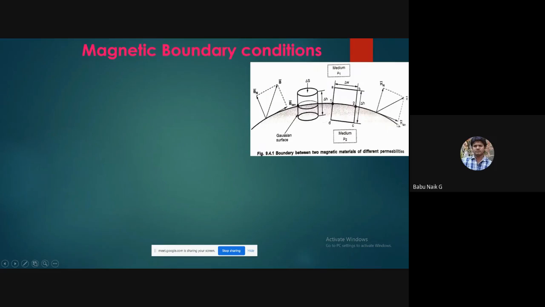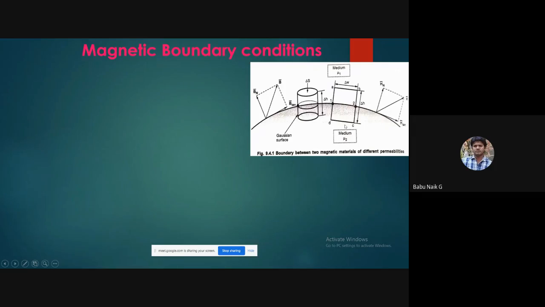I have drawn the boundary condition line, and we want the magnetic field intensity and magnetic flux density on it.